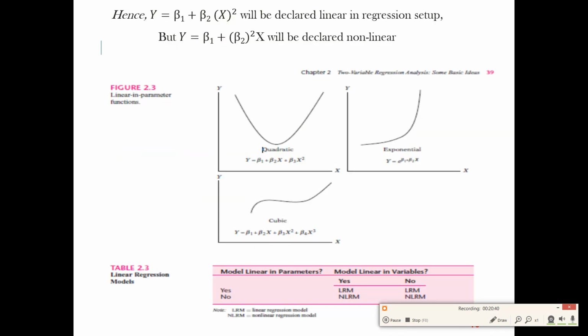Okay, so we were discussing that when a model is linear, it means that the parameters have power 1. If you look at this equation, y is equal to beta 1 plus beta 2 times x square, you can see that x has a power of 2, but x is a variable, so it doesn't matter. As we said, whenever beta has power 1, we will declare it linear in the regression setup.